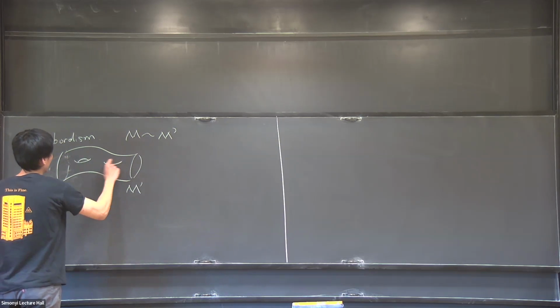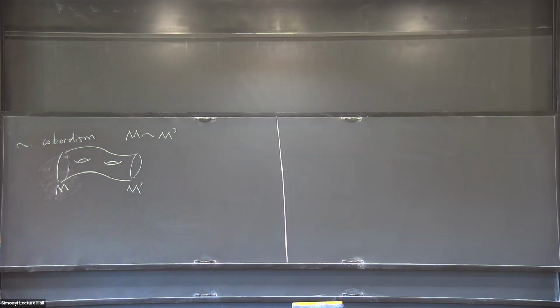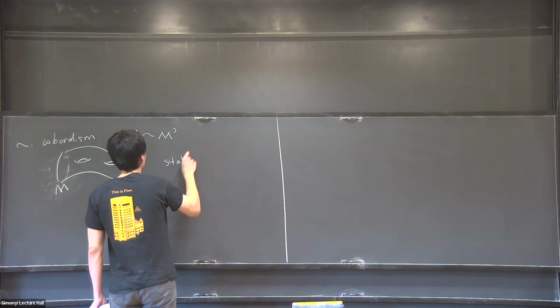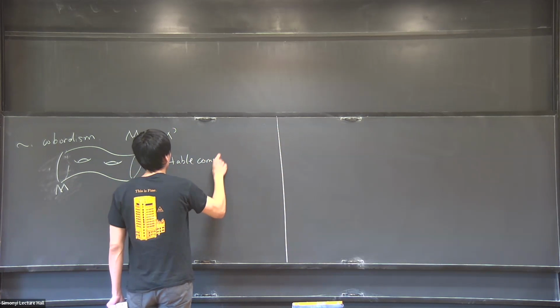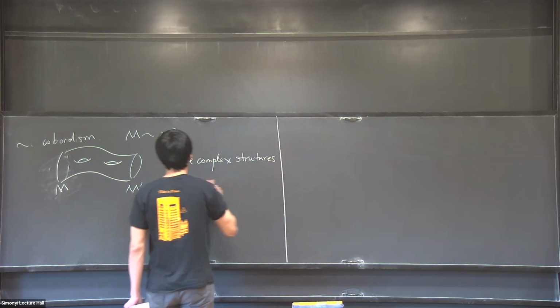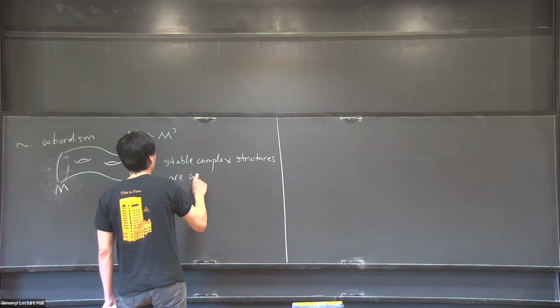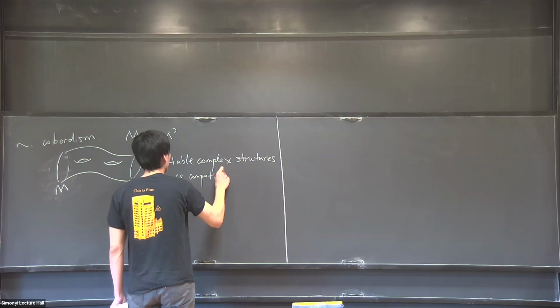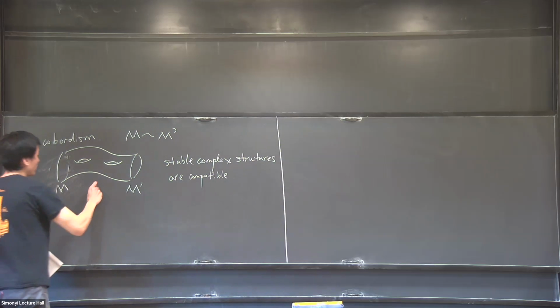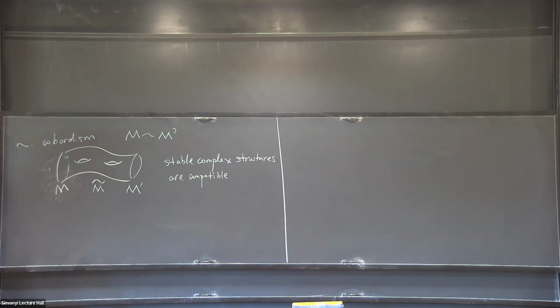Of course, there might be some non-trivial topology here, and we want the stable complex structures to be compatible, in the sense that the restriction of the tangent bundle of this total space to the boundary can be written as the direct sum of the tangent bundle of the boundary with the trivial line bundle.